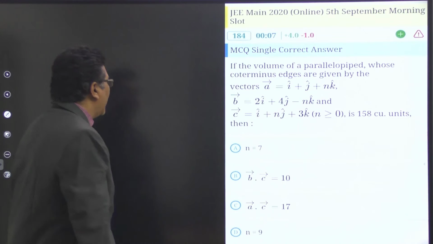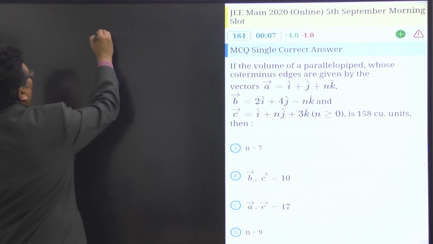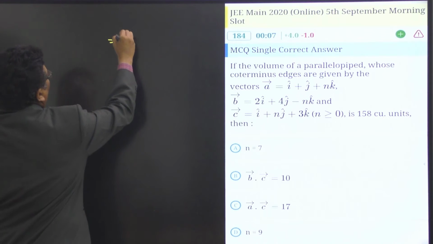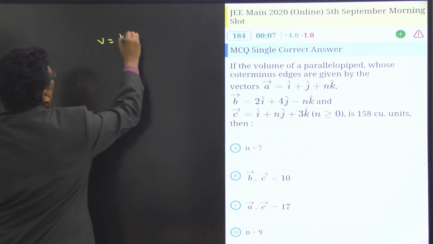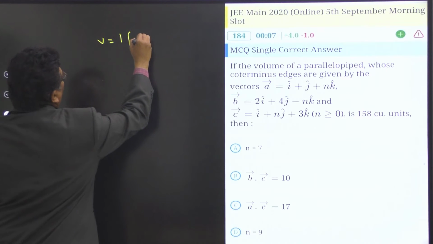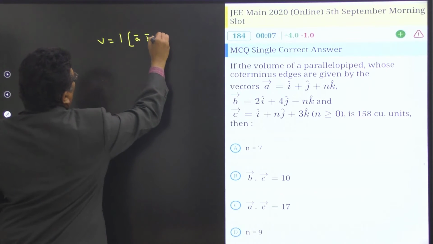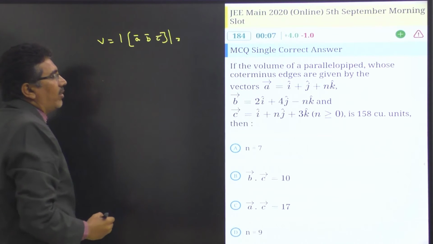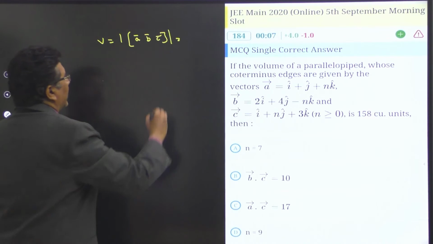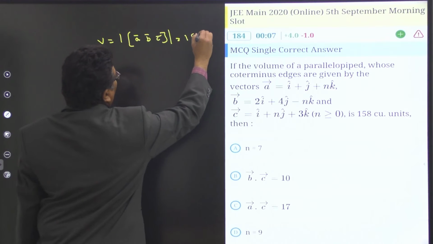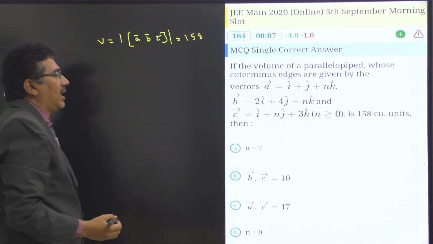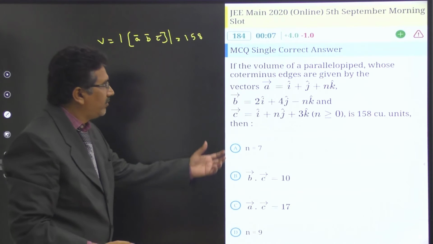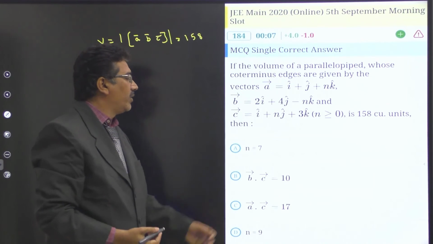The volume of a parallelepiped is the modulus of the box product of a bar, b bar, c bar, which is given as 158 cubic units. From the given condition, we want to find first the value of n.